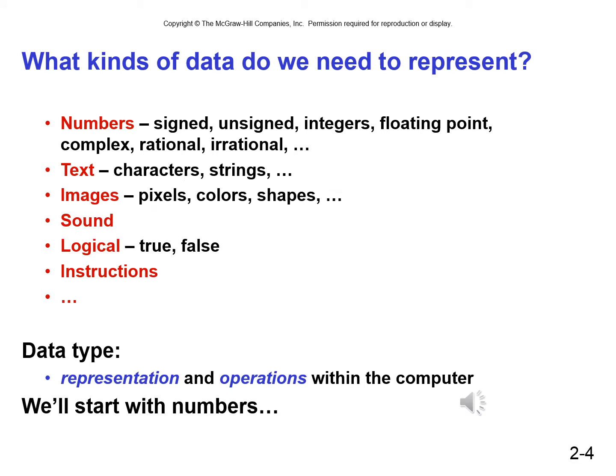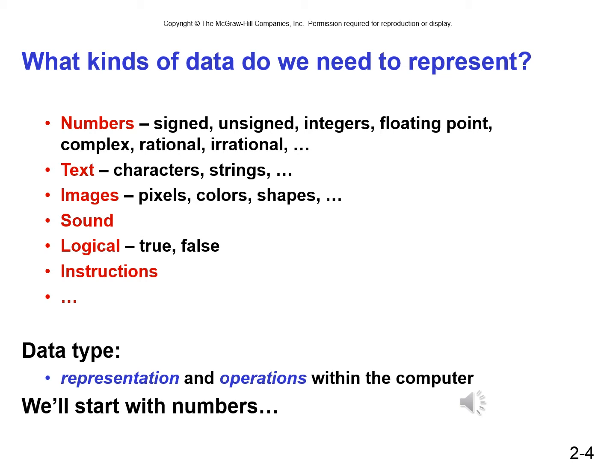What kind of data do we need to represent? Well, you think about it. What do you use a computing device to represent? You listen to music? Sure. You view images? Yes. Full motion video? Yes. Numbers, text?